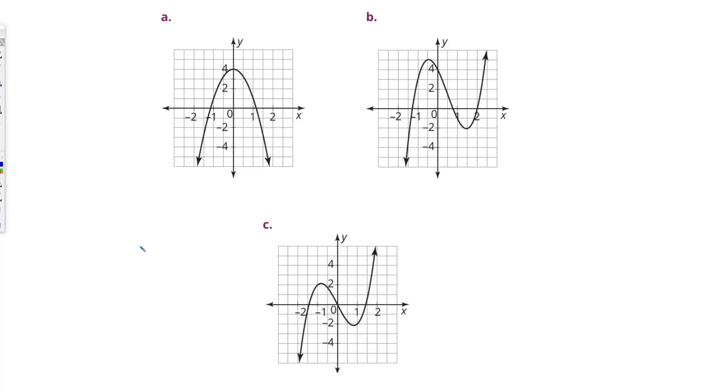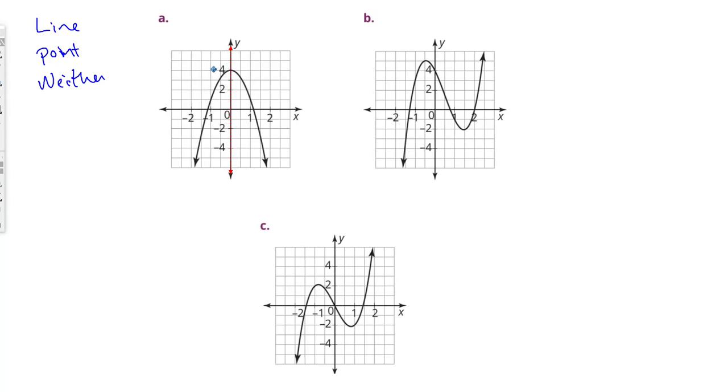So is A symmetric across a line, a point, or neither? So what's it symmetric across? Or is it none? A, line, it's symmetric across that line.